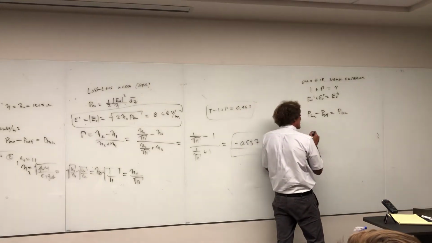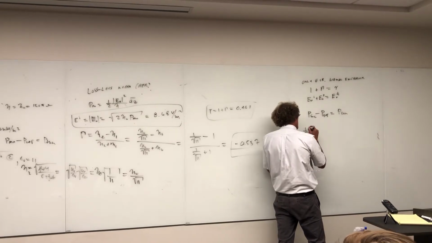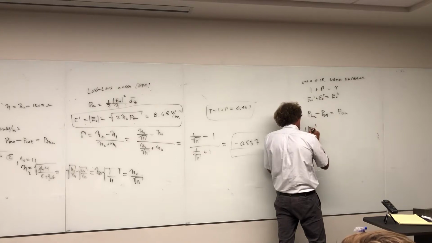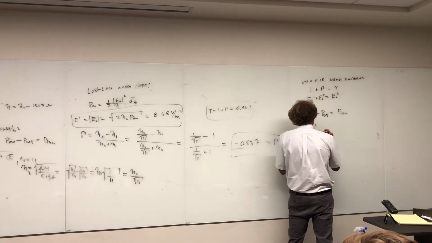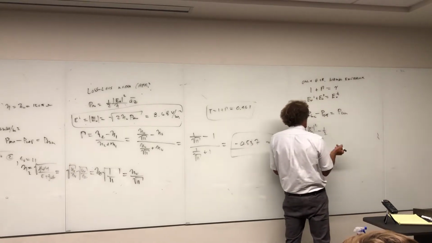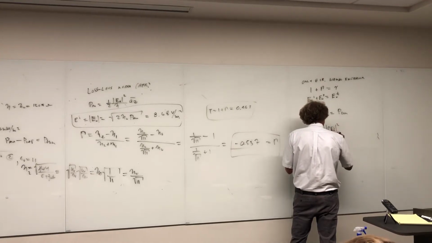Well, the incident power density, all right, is going to be 1/2 times magnitude of E naught incident squared over eta 1, minus 1/2, and then here the reflected power density is really magnitude of gamma right here times E naught incident squared over eta 1.